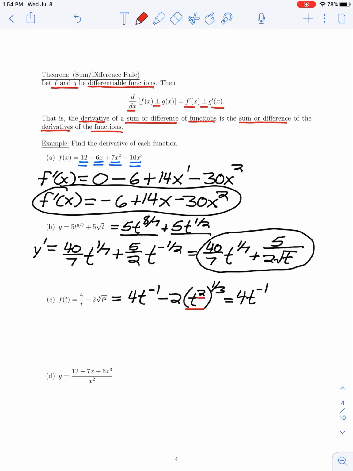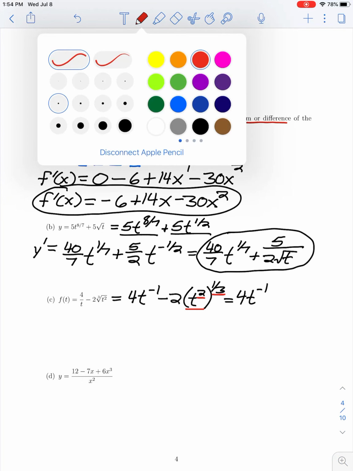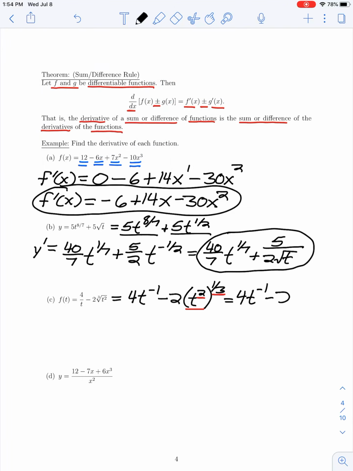If I have a power which is being raised to some power, I can write that as a single power function where my exponent is the product of those powers. So here 2 times 1/3 would give me the 2/3 power. So now this looks just like the other problems that we've been working with.